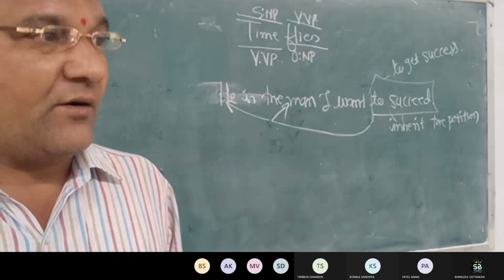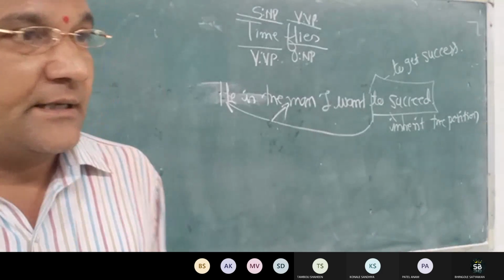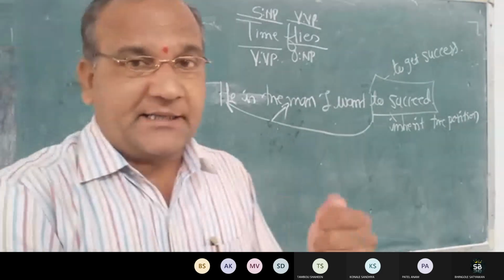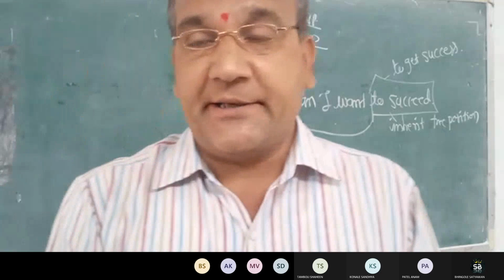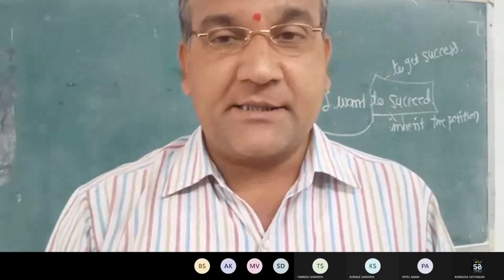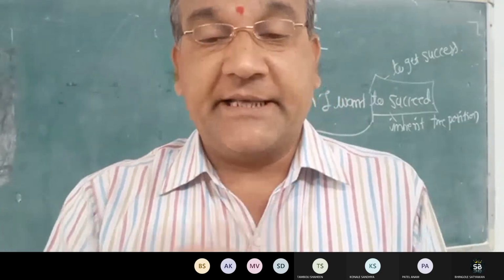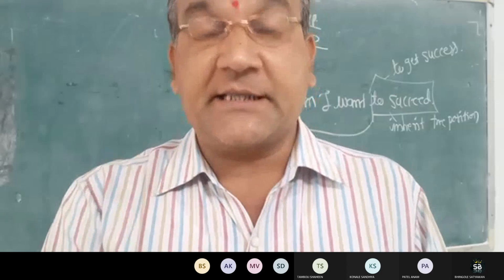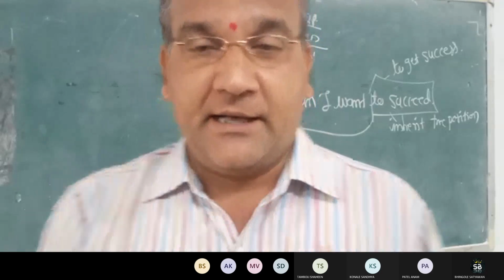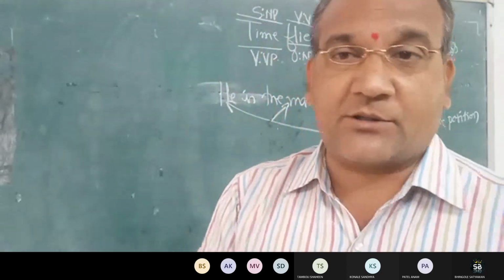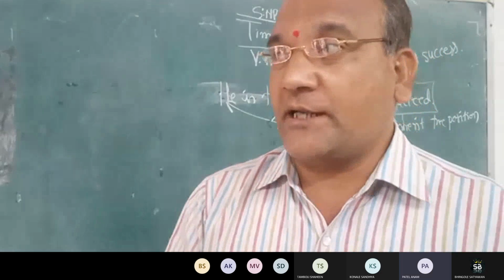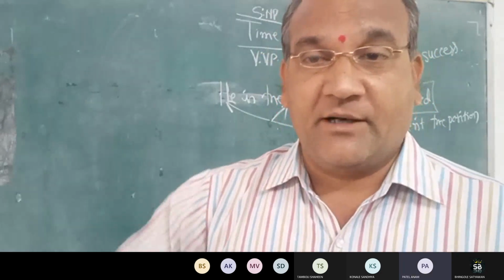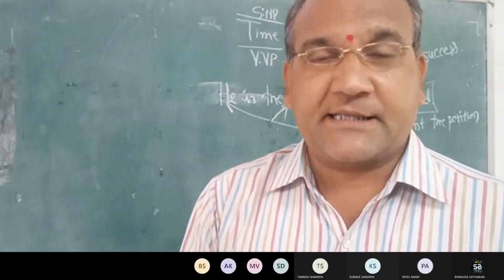Inherit the position or office means this man is presently in the chair. When he retires, I want to sit in that chair. I want to be the next boss. Like successor, succeed has that meaning. One meaning is to get success.